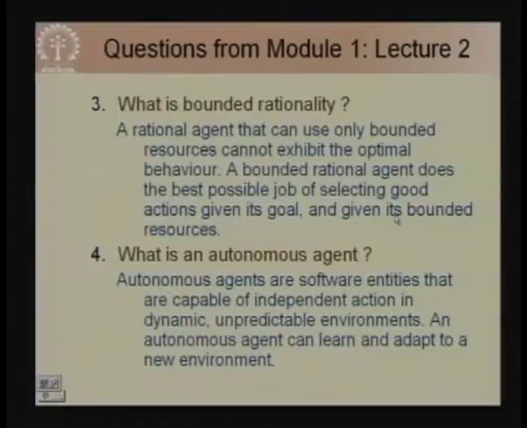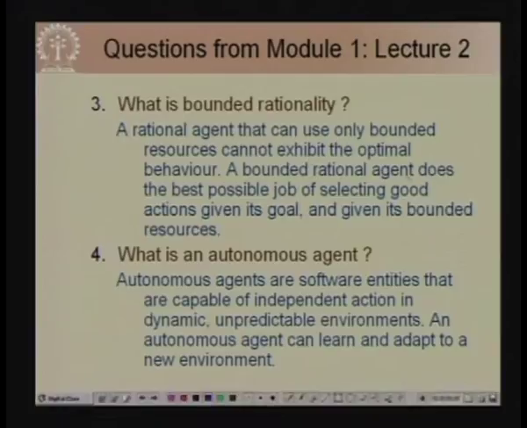Third question, what is bounded rationality? A rational agent that can use only bounded resources cannot exhibit the optimum behavior. A bounded rational agent does the best possible job of selecting good action given its goal and its bounded resources. So, if the agent has only limited time at its disposal and limited memory or other resources, the agent should do the best that it can under the circumstances.